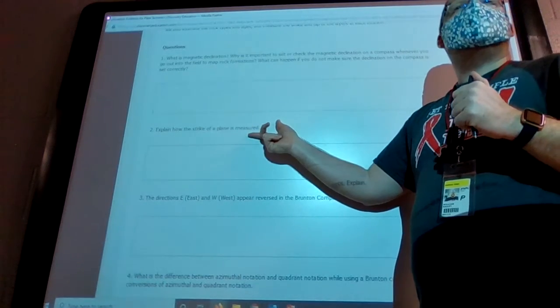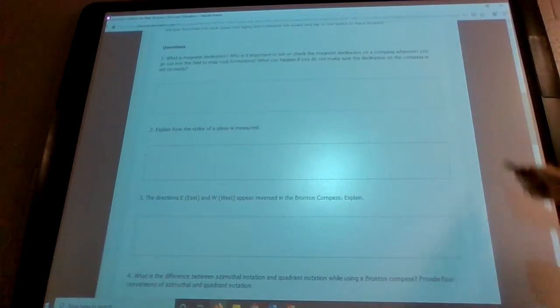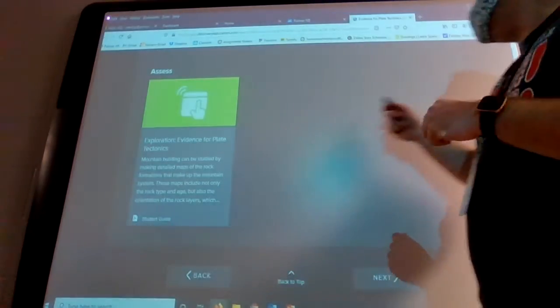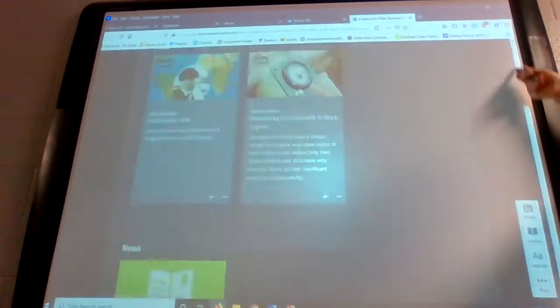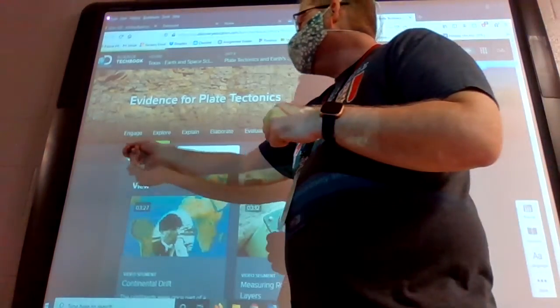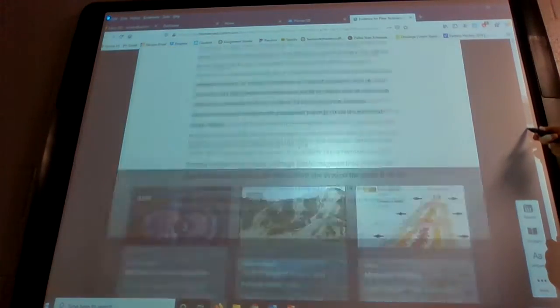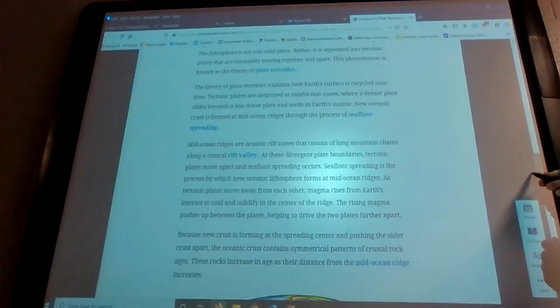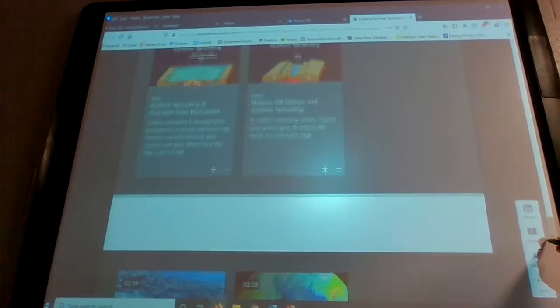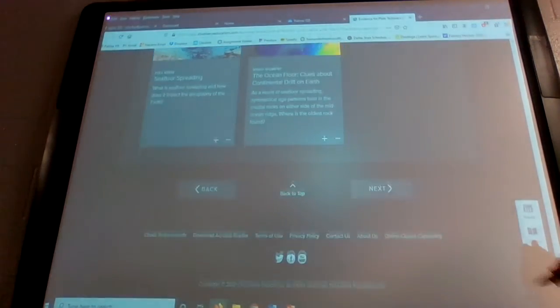Okay, explain how the strike of a plane is measured. Let me see real quick in the reading if they illustrate strike and dip for us. If they don't, I can draw it real quick on my own.